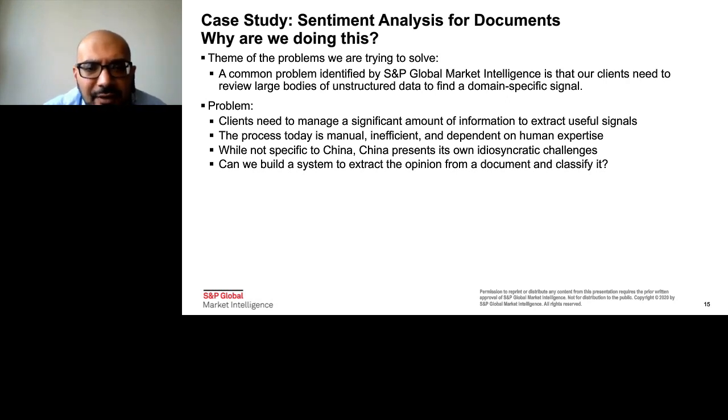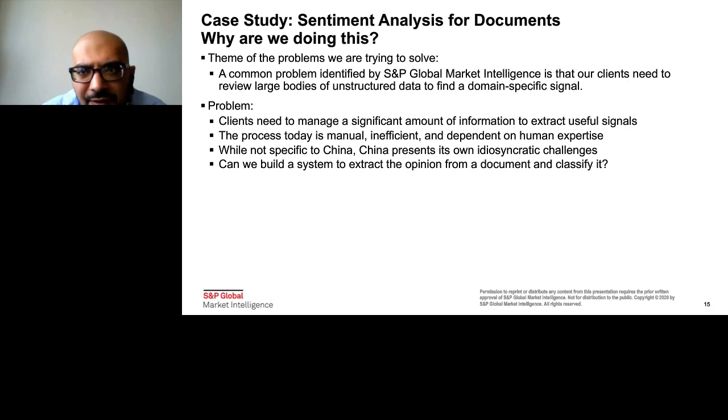In this situation, we've seen that clients have a large amount of public disclosures from Chinese entities. And today, as they look at their portfolios and exposures globally, they have to follow those entities almost one by one in order to find if there was a significant move in the overall financial health of that entity. So the process is very manual, inefficient, highly dependent on human expertise.